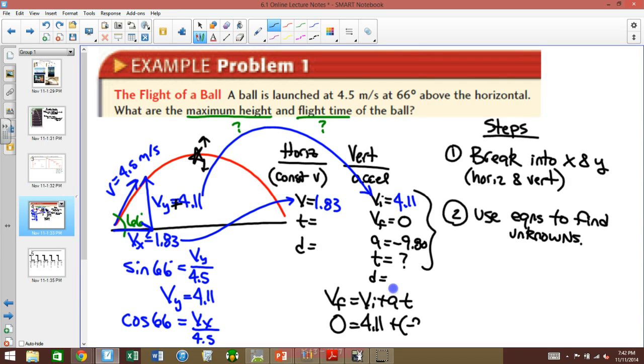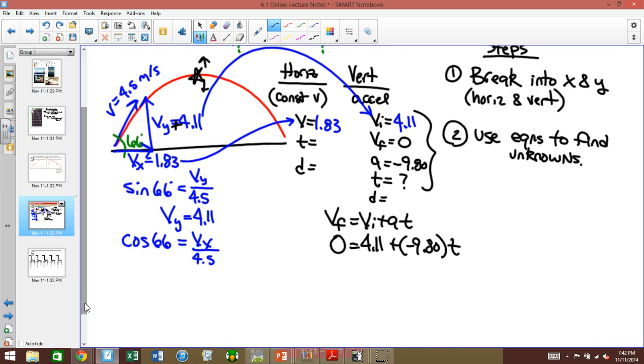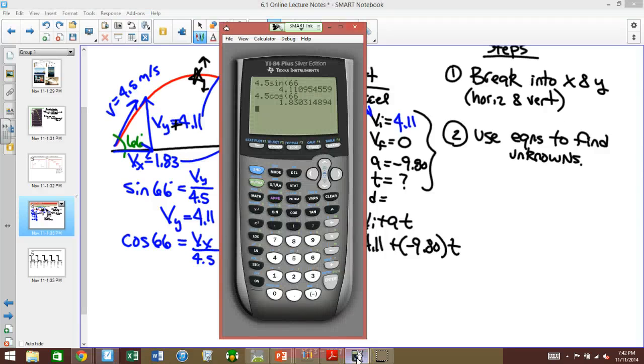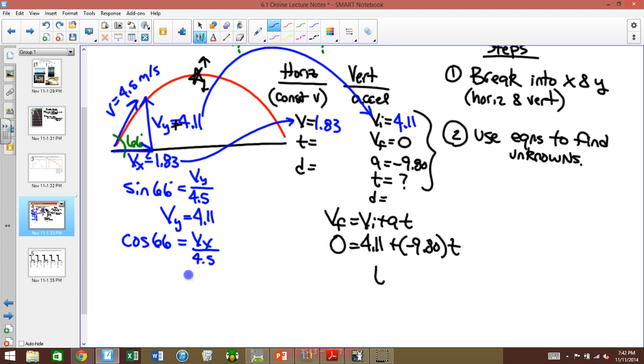The acceleration, negative 9.80. And the time, t. So what I'm going to end up doing is taking negative 4.11 divided by negative 9.8. 4.11 divided by 9.8. And I get 0.42. So my time is 0.42 seconds.